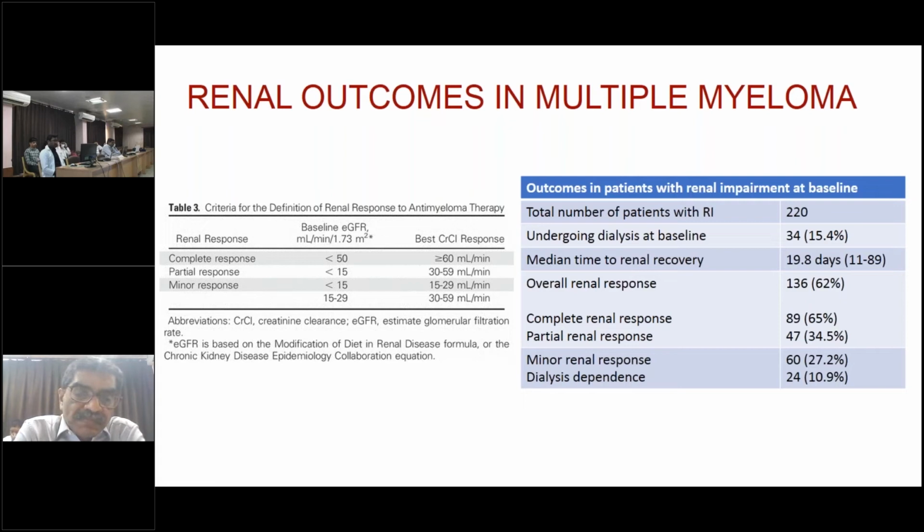And after initiation of multiple myeloma therapy and a stringent renal replacement therapy, the median time to renal recovery was almost 19.8, and the overall renal response was seen in 62% of those patients, with complete and partial response seen in almost 65 and 34.5% of those patients. And even after initiation of anti-myeloma therapy and adequate renal replacement, only almost 10.9% of those patients turned out to be dialysis dependent.